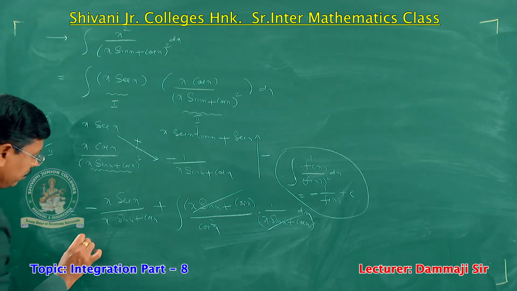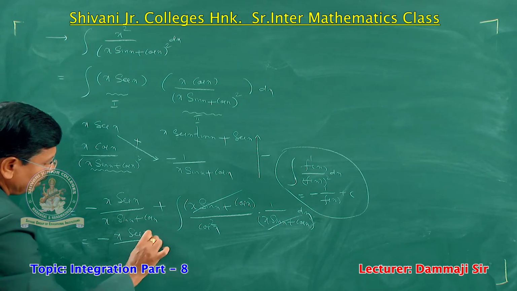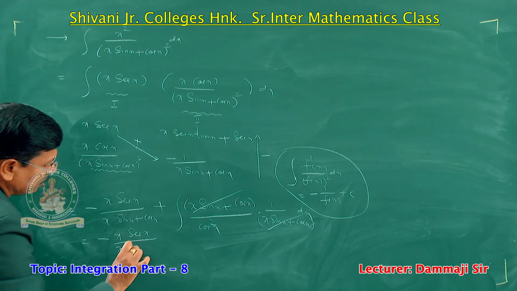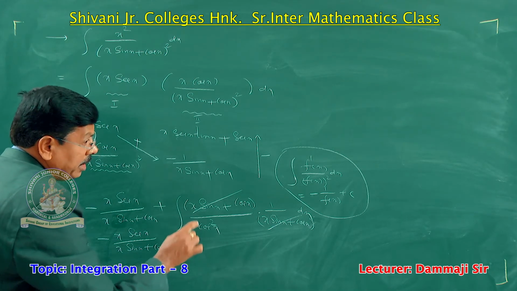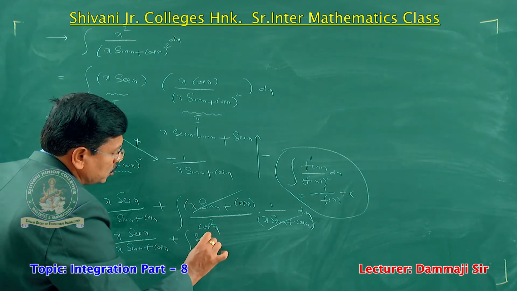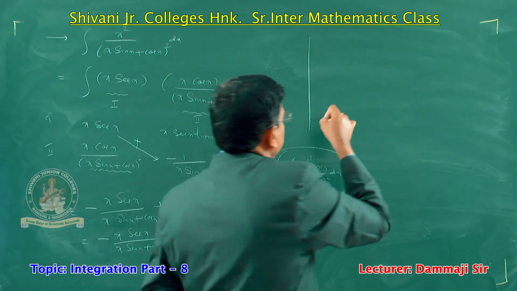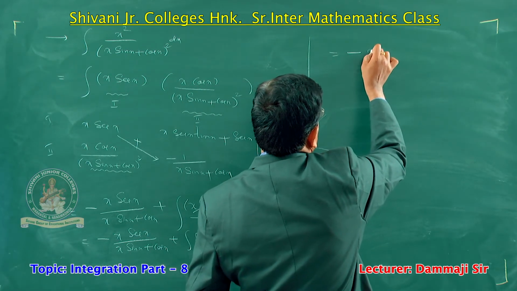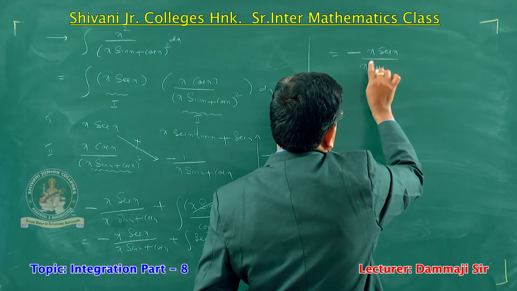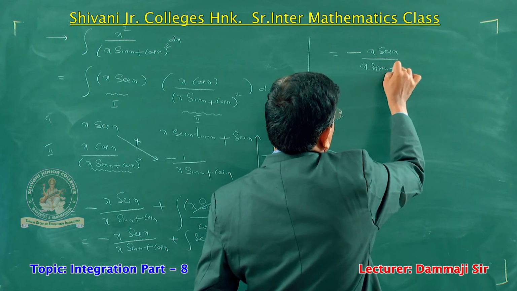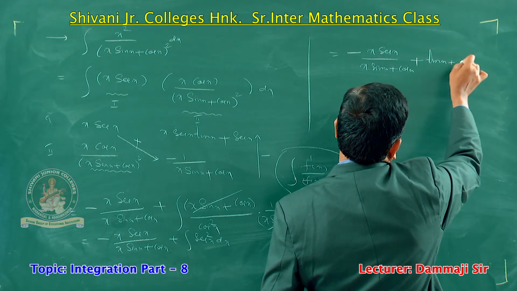What about the result? Minus x secant x by x sin x plus cos x plus integral of 1 by cos square, which is secant square. Now we have the result: minus x secant x by x sin x plus cos x plus integral of secant square, that is tan x.